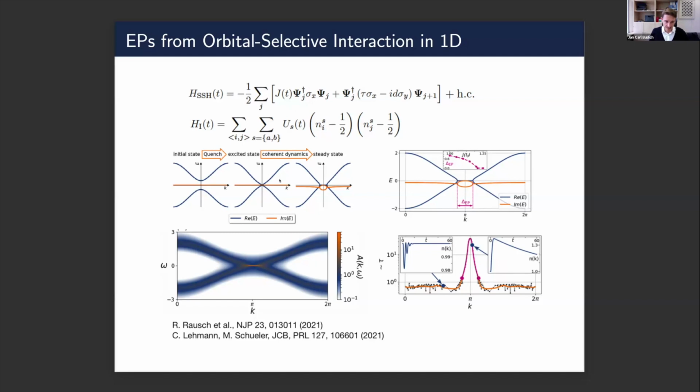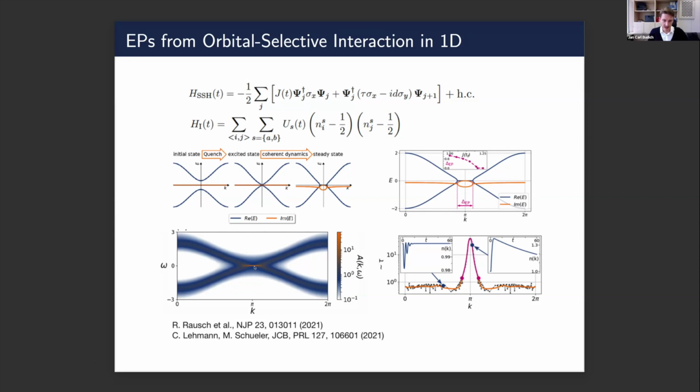your self-energy. And you see that here in this dynamical protocol, where you quench a system in an insulating initial state to close to a critical point in this 1D system, then the steady state that forms in this dynamics actually contains such an exceptional point.